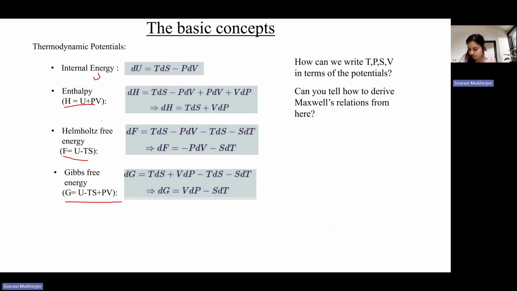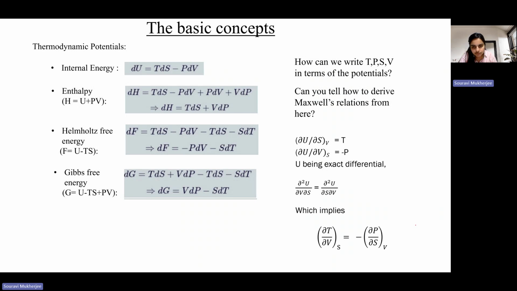If you know these definitions, how do you find the Maxwell's relations? Here you have to make use of the fact that del U del S at constant V is T, and del U del V at constant entropy is minus P.